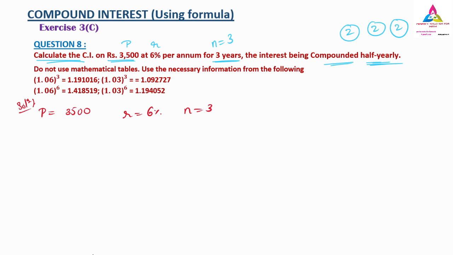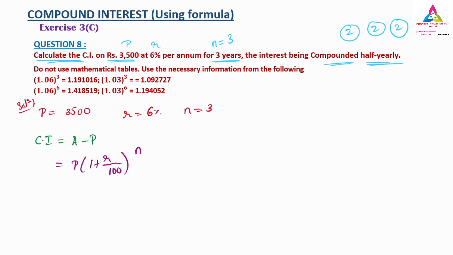According to the question, compound interest is not P into 1 plus r divided by 100 raised to n. It is A minus P, where the A value is P into 1 plus r divided by 100 raised to n. So don't get confused. What is A? Now you write it down.